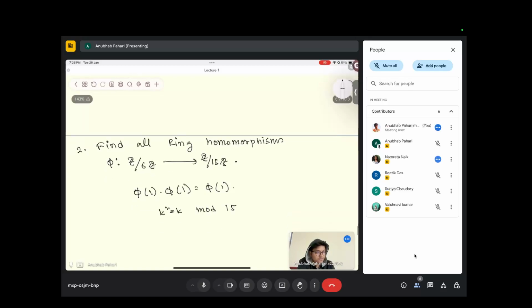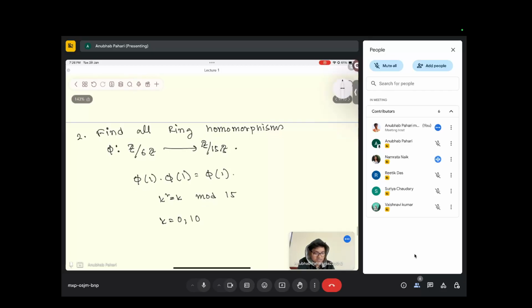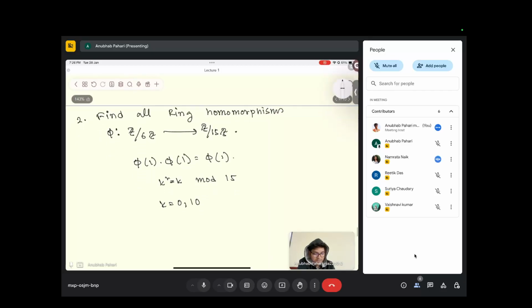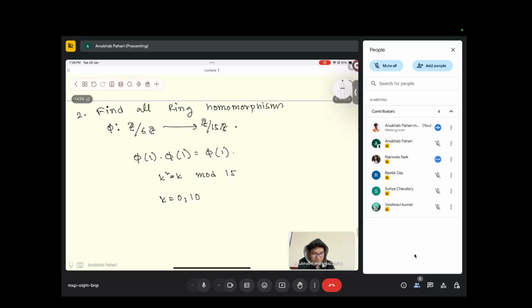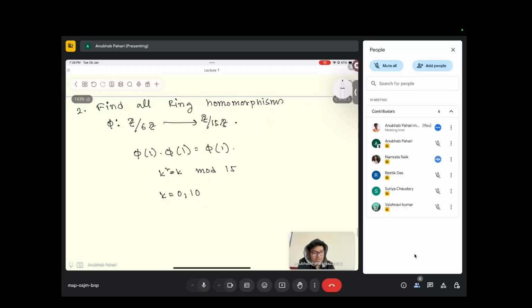So there are two elements, that is k equals 0 and 10, right? Yeah.